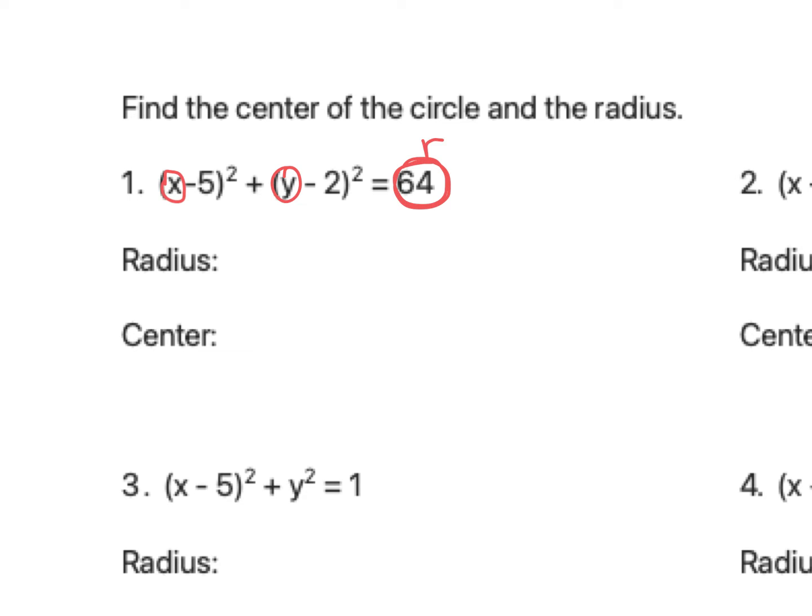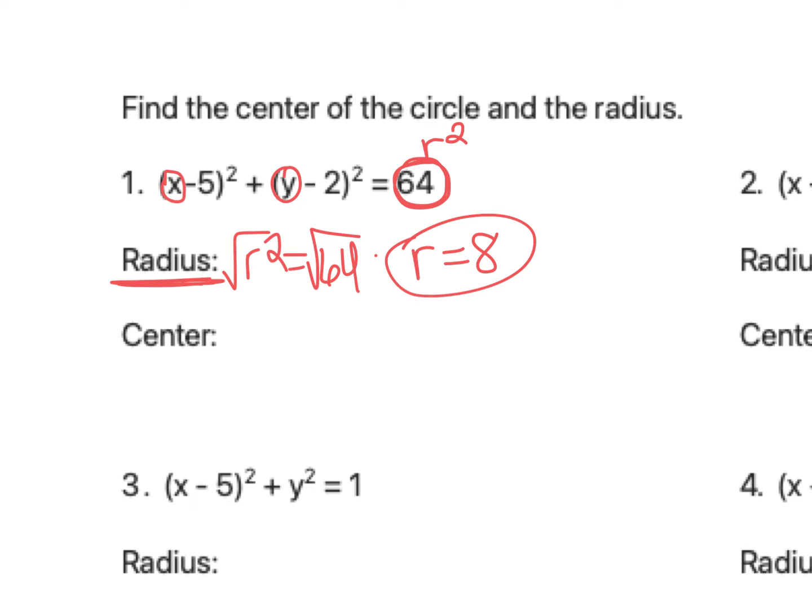Remember, this was r squared, which means if we want to know what the radius is, we don't want r squared. If you remember back on our formula, r squared was 64 here. But if we want r, we're just going to take the square root of both sides, and we get that our radius is 8. So in order to find our radius, we have to take the square root each time.